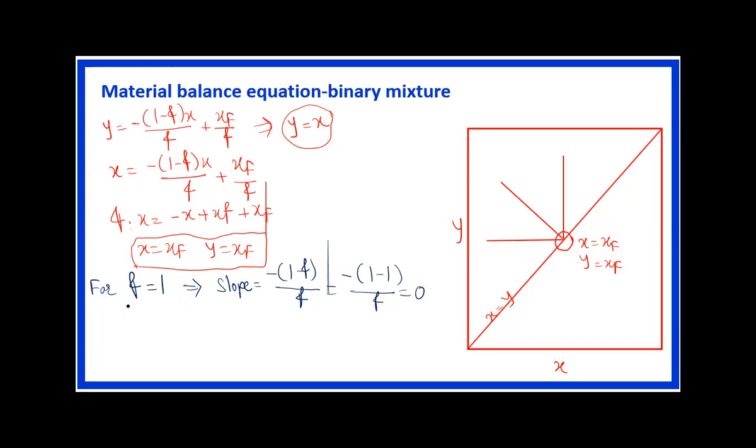So when f equal to 1, slope is 0. So if the slope is 0, it means it is parallel to x-axis. So this is the condition of f equal to 1, parallel to x-axis. As slope is 0 means no slope is there, it means it is parallel to x-axis.